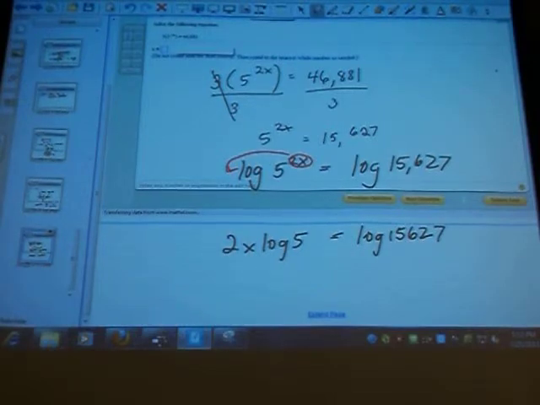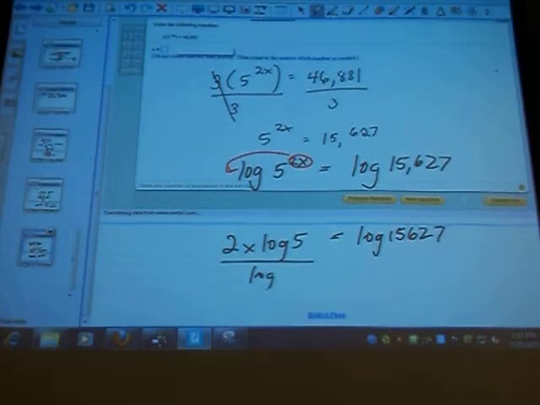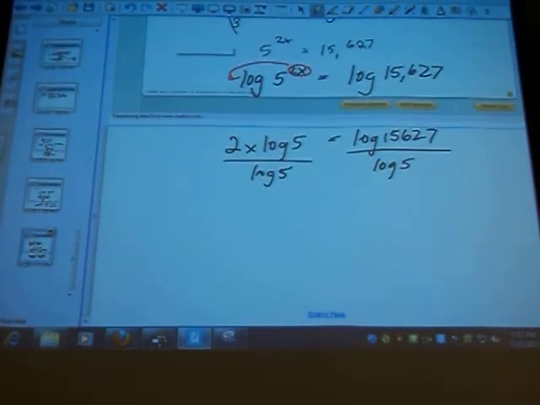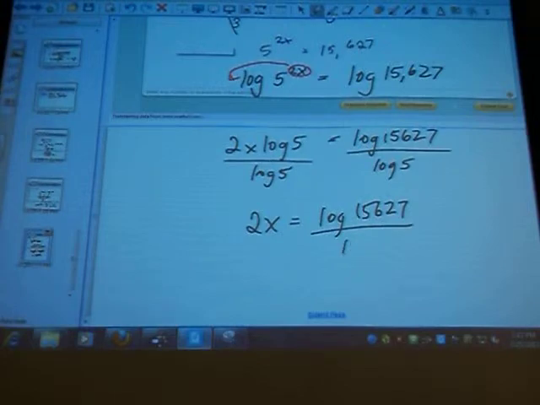It's so hard to do equations. Okay, so to get 2x by itself, I need to divide both sides by log 5. I have 2x equals log of 15/627 over log 5. Then we'll have to divide that by 2. Okay, so let's compute the right-hand side.